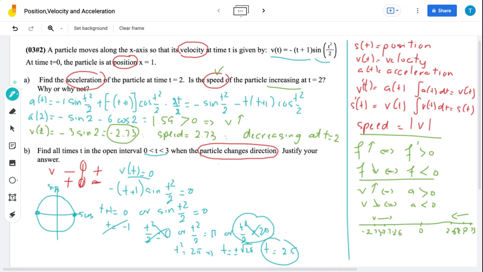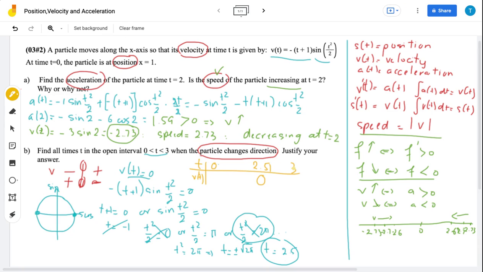So what we need to do next is draw the chart of the sign of v(t), from 0 to 3, and we have 2.5, or 2.51, where v(t) is 0.